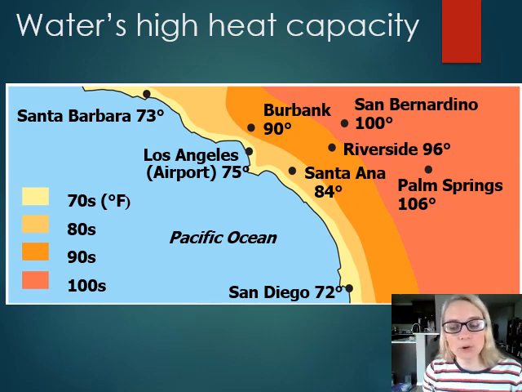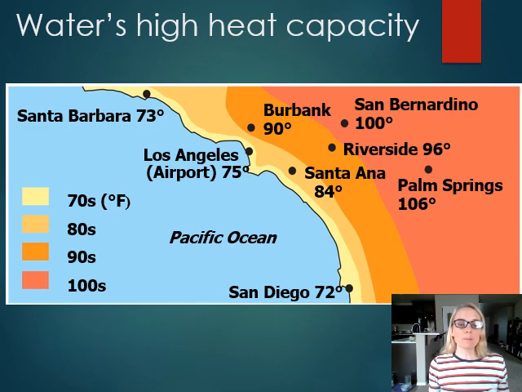So when you live close to large bodies of water, during the day the water absorbs a lot of the heat, and then at night it releases the heat. When the sun goes down, it's not absorbing heat, but it releases that heat back into the atmosphere. So during the day the ocean takes up a lot of the sun's energy, and at night it releases that back into the atmosphere. That keeps these coastal cities a lot more buffered in their temperatures.